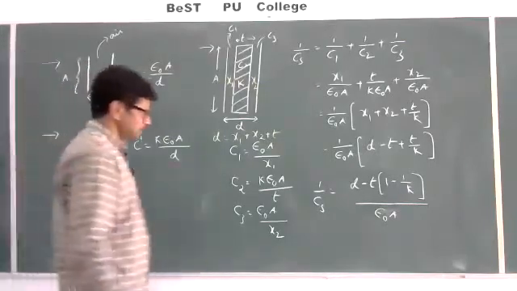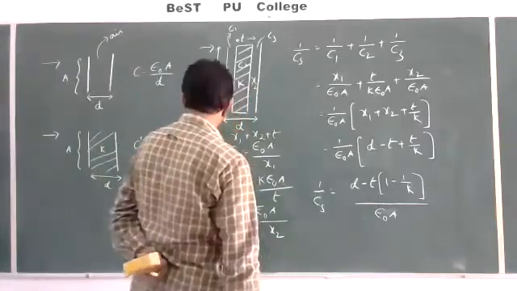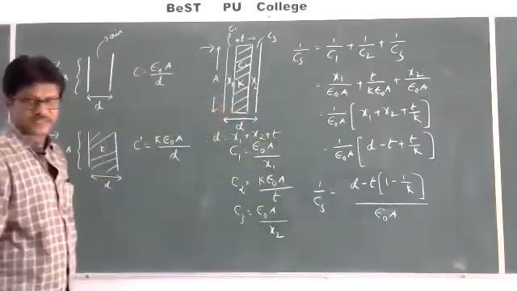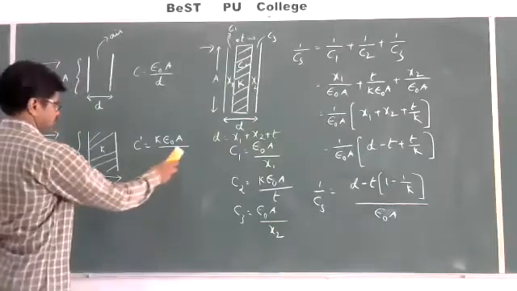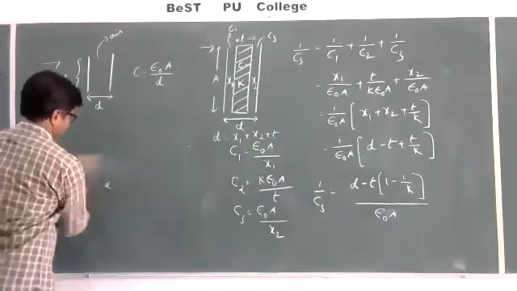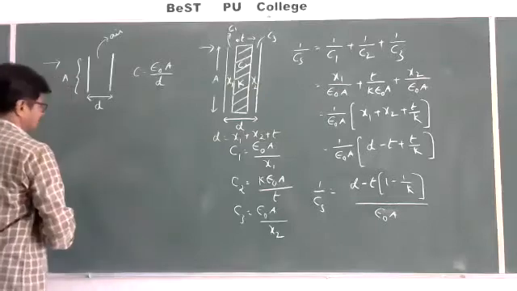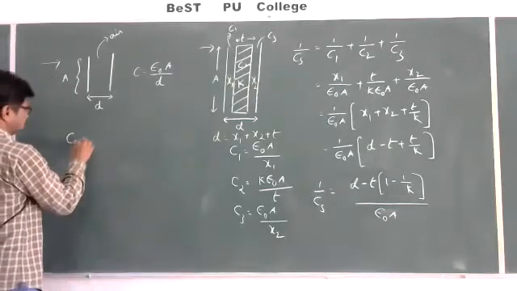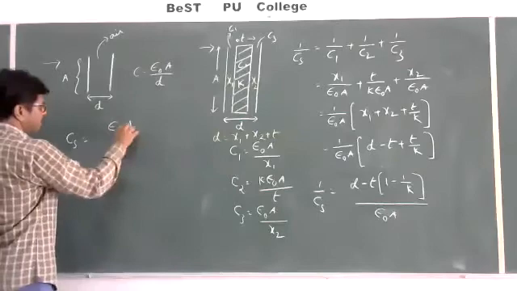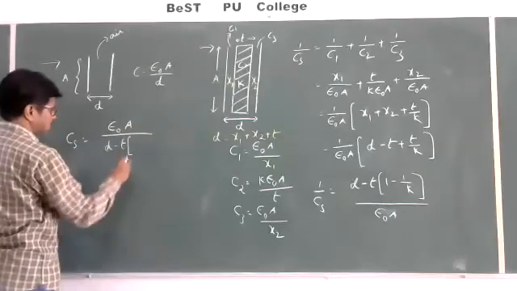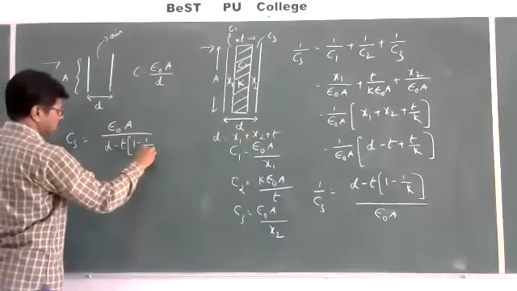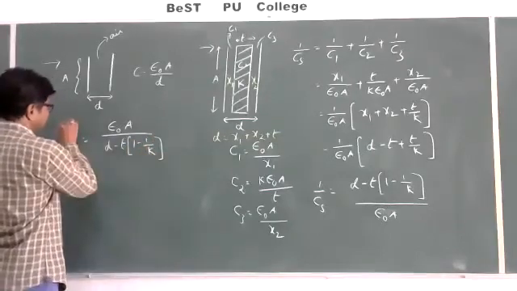Now CS is equal to epsilon naught A by D minus T into 1 minus 1 by K.